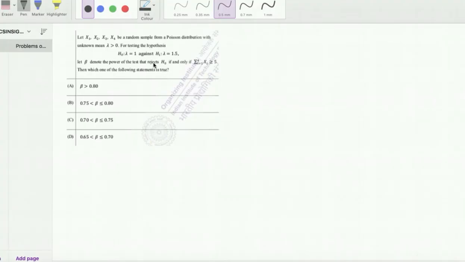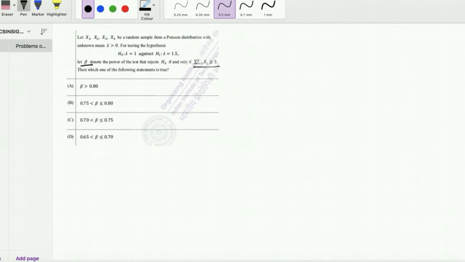In this question, it is given, let X1, X2, X3 and X4 follow a Poisson distribution, and the hypothesis is given that the null hypothesis has lambda equal to 1 and the alternative has lambda equal to 1.5, and the critical region is given as this. So we are required to find the range of beta.